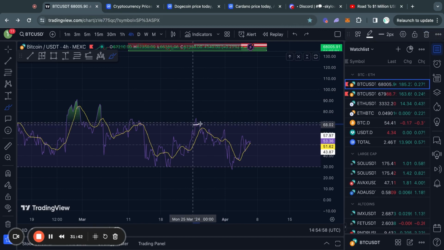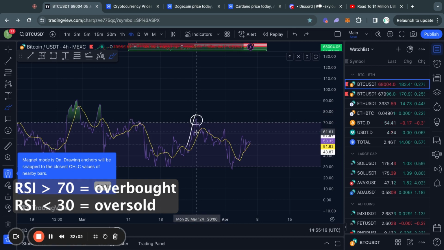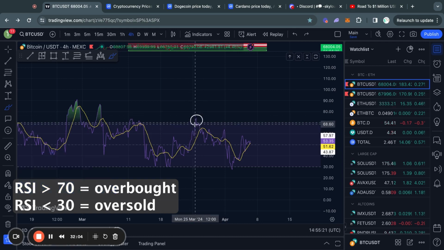Whenever the RSI reaches a level above 70, it means that the price of whatever asset you're looking at is currently overbought. So the market is getting a little bit too overheated, the price is moving up too quickly, and therefore the RSI is showing overbought signals.